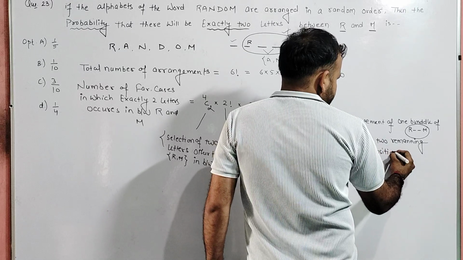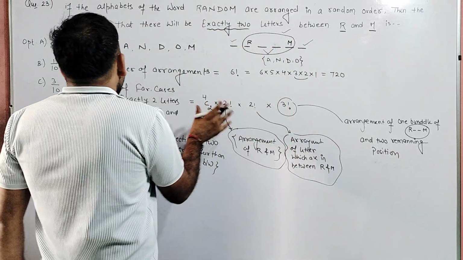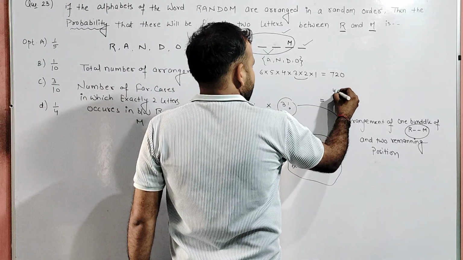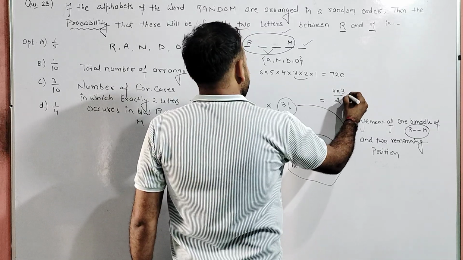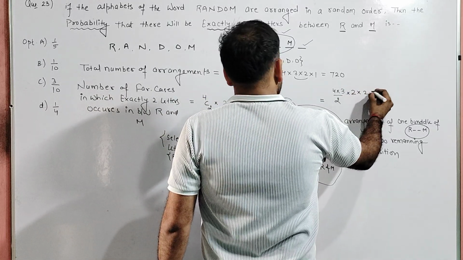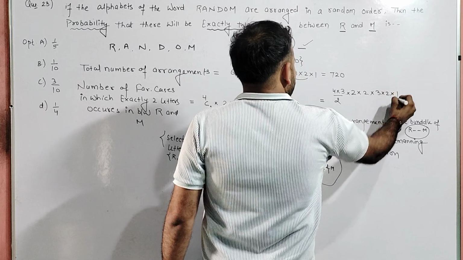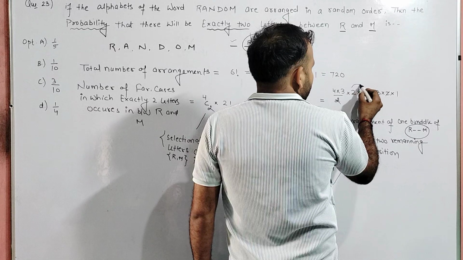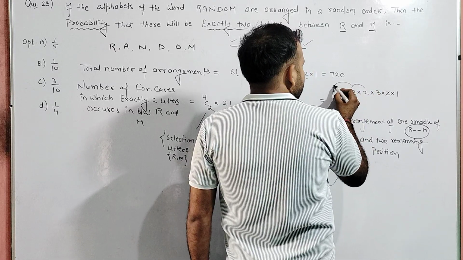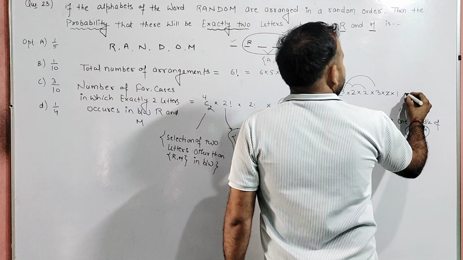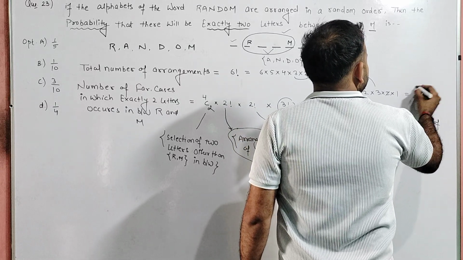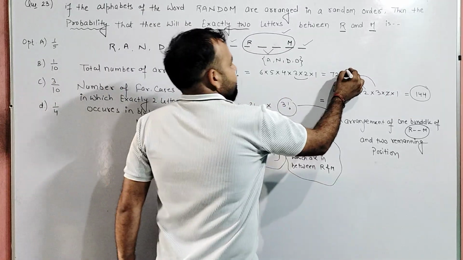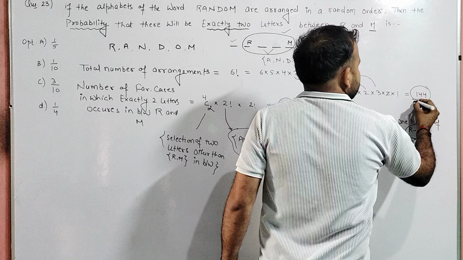Okay, students. So these are the overall number of favorable cases. We calculate this: 4 into 3 divided by 2, into 2 into 2 into 3 into 2 into 1. So this cancels out 2 by 2. So overall 2 into 2 is 4, 4 into 4 is 16, 16 into 9, that means 144. These are the favorable cases. So student, total number of cases is 720, number of favorable cases is 144.